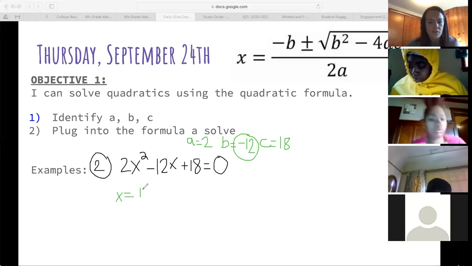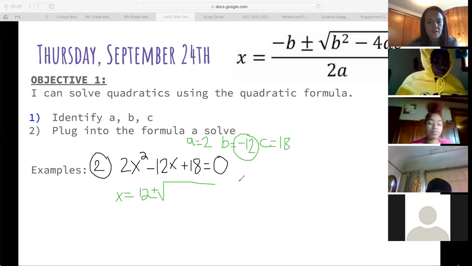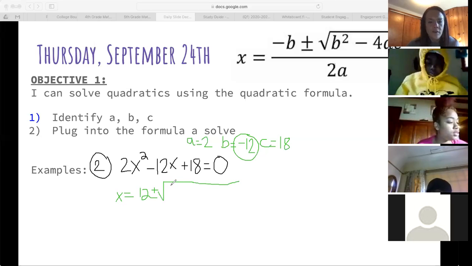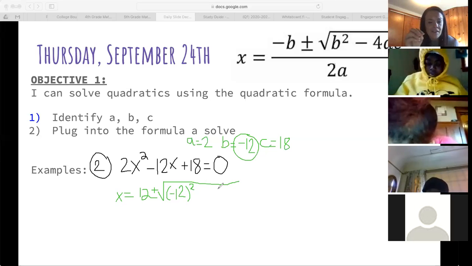And then continue the formula. So 12 plus or minus, and then the square root, big long square root. Okay, b squared will be, so this is why I did parentheses before, negative 12 squared. So we really want to be careful with that. Remember, I know before when we did substitution, we talked about this. If you don't square the negative, the calculator is going to give you a negative answer.